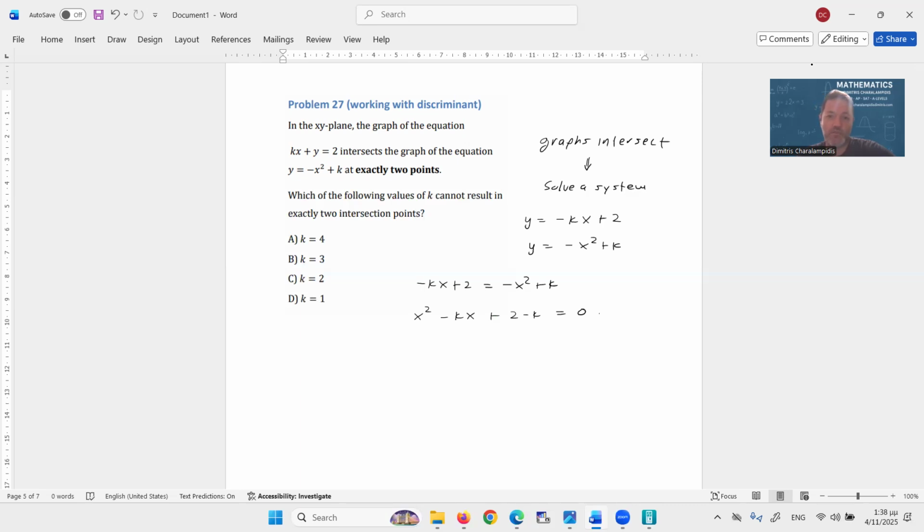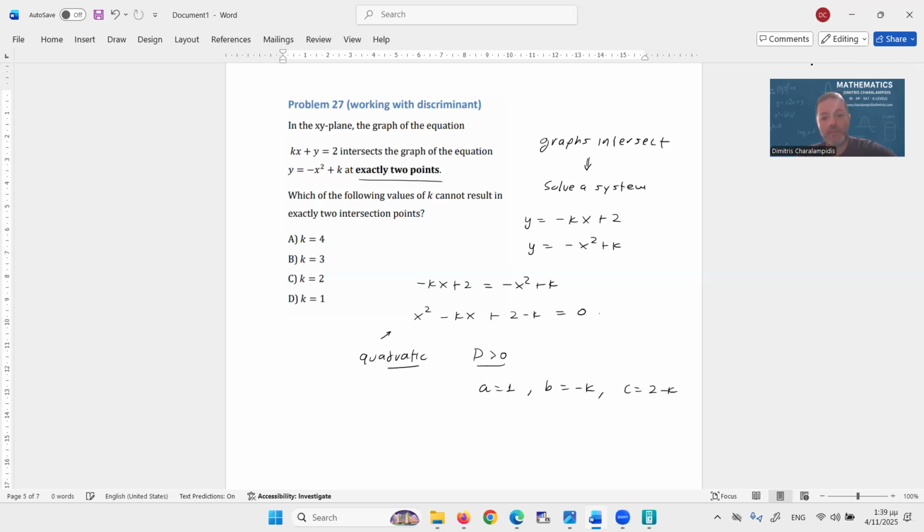We know that this solution has exactly 2 points. This is a quadratic, so in order for that to have exactly 2 points, its discriminant should be greater than 0. The discriminant of that: a is 1, b is minus k, and c is 2 minus k.